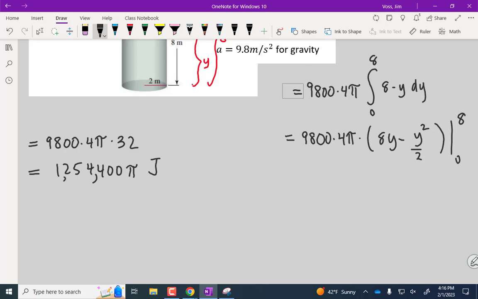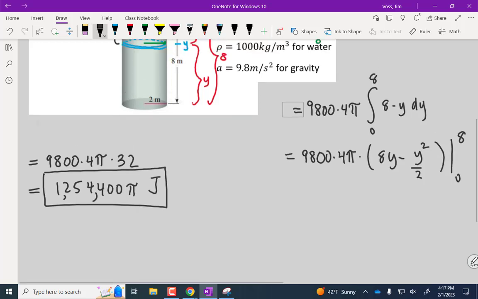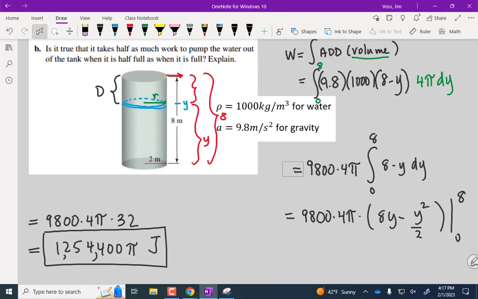So multiplying it out, we get 1 million and change times pi, joules. Okay, so basic procedure. Look at a representative slice, figure out how far it travels to get out, fill in the blanks, ADD volume.